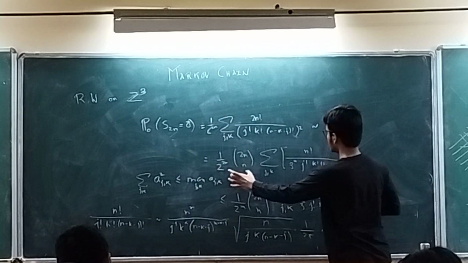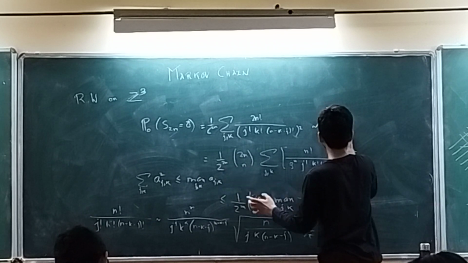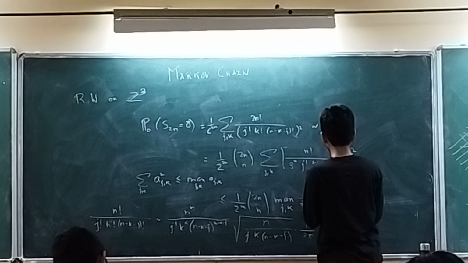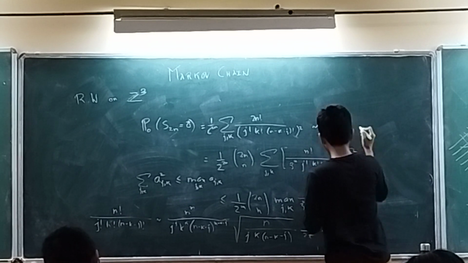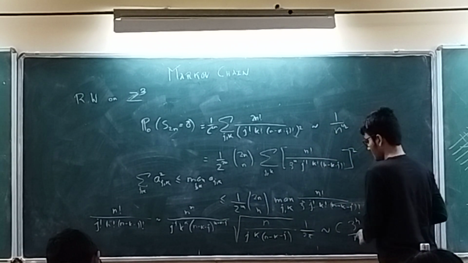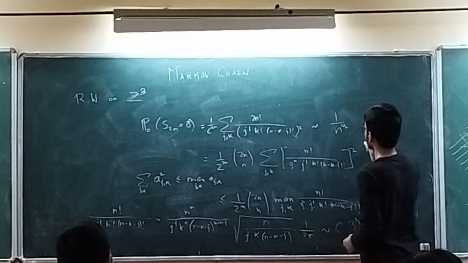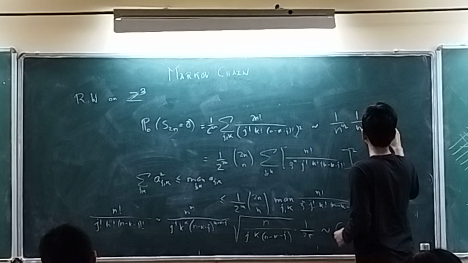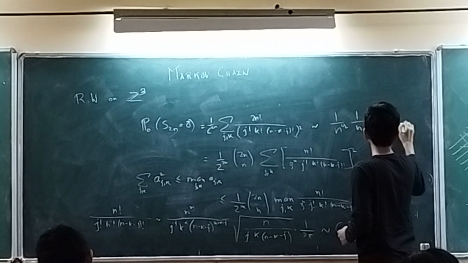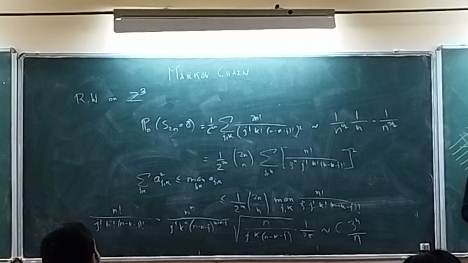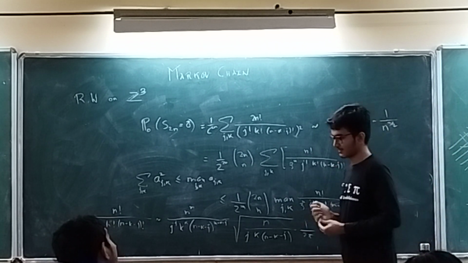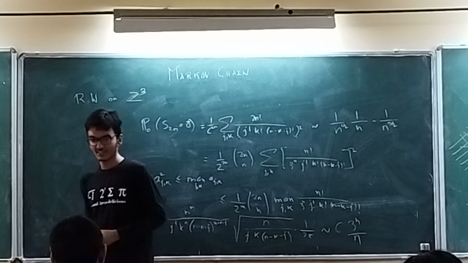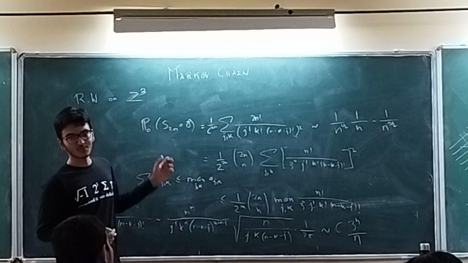What is this one? It is approximately 1 by 10 to the power half. And what is this one? This is 3 to the power n by n, and there is 3 to the power n here, so it gets cancelled. There is 1 by n. What is this? It's constant. And hence the probability has to be less than 1.